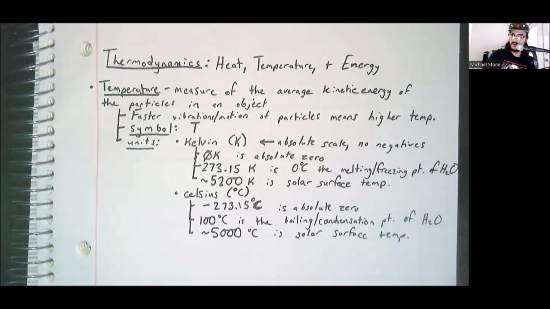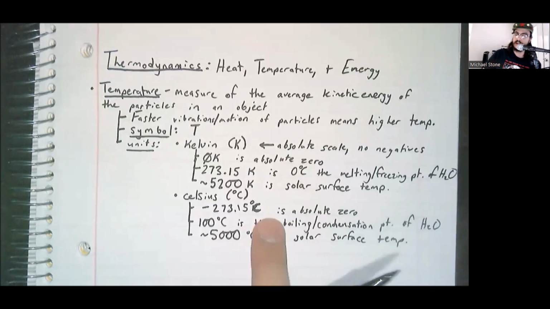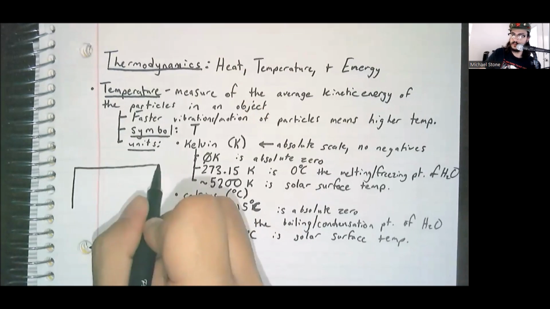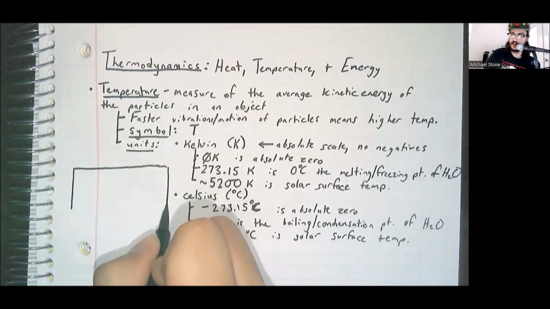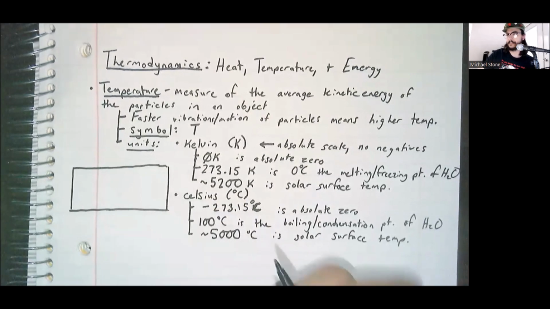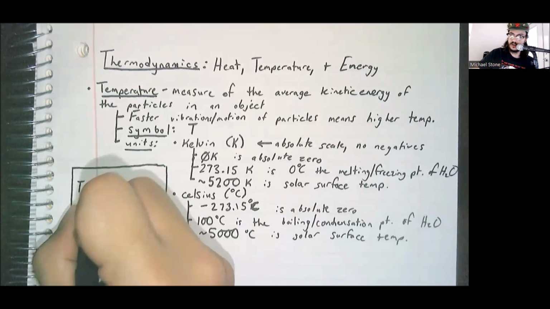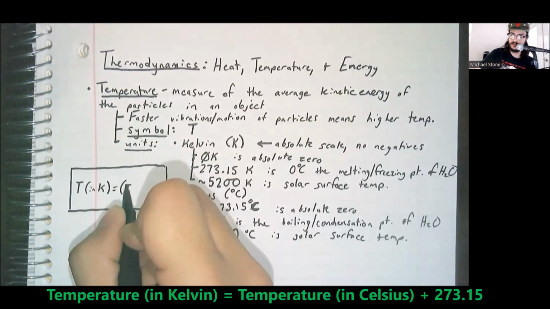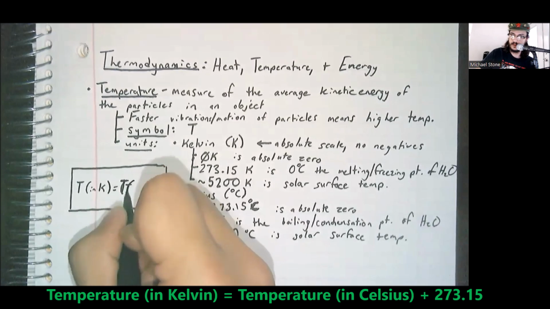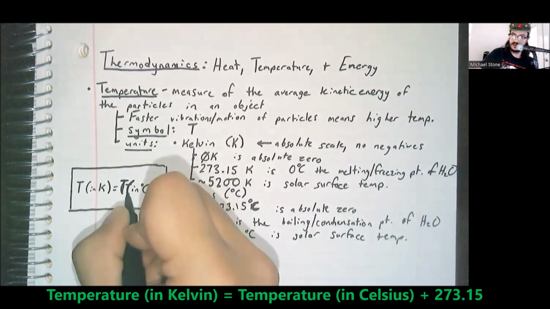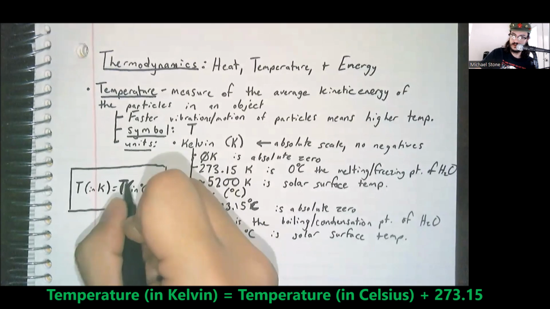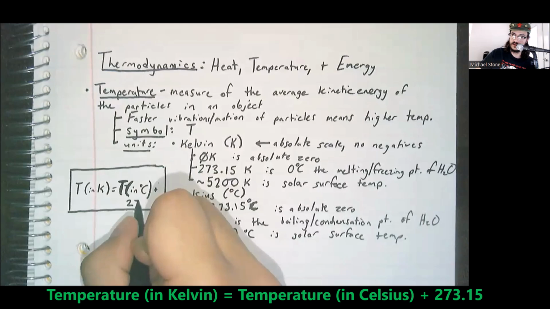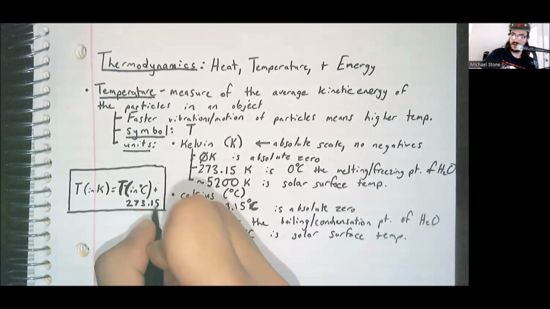If you ever need to convert, you can look right here, that absolute 0 value. But if you need it spelled out for you, I'll give it to you. Temperature in Kelvin is your temperature in degrees Celsius plus 273.15.